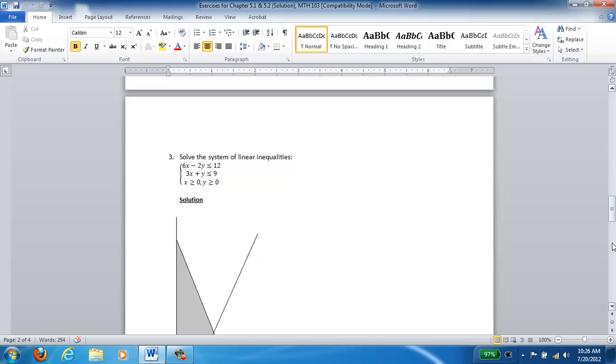For each one of these, especially the first 2, you should choose test points to decide which side of the solid lines are going to be shaded. To find the solution region of all 4, we want to find the region that is common to all 4. See the graph below.